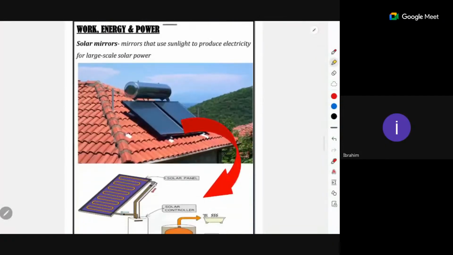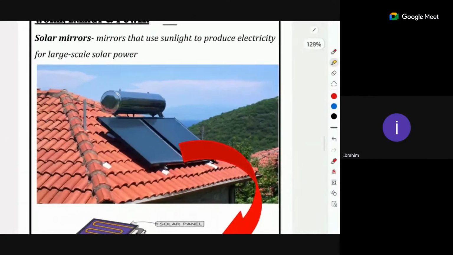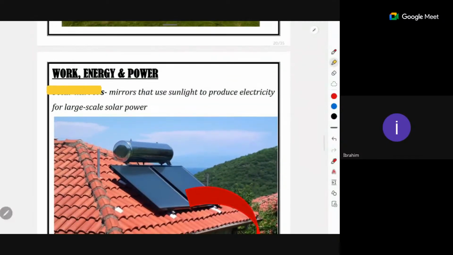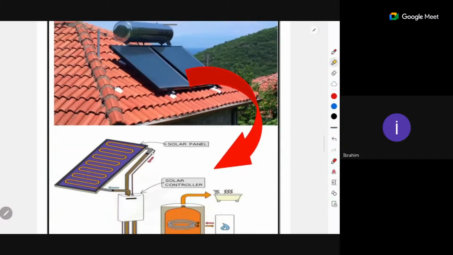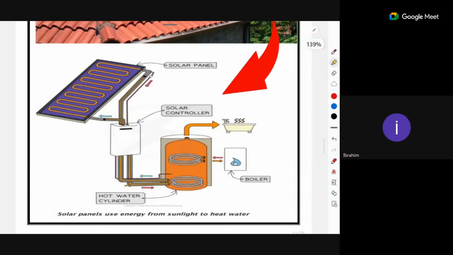But there is another one, this one. Sorry, it is not the solar panel. It is basically the solar mirrors. What do they do? They reflect the energy, and within this is the internal structure, and this internal structure is very important. The sun rays or radiations in the form of infrared fall on it.